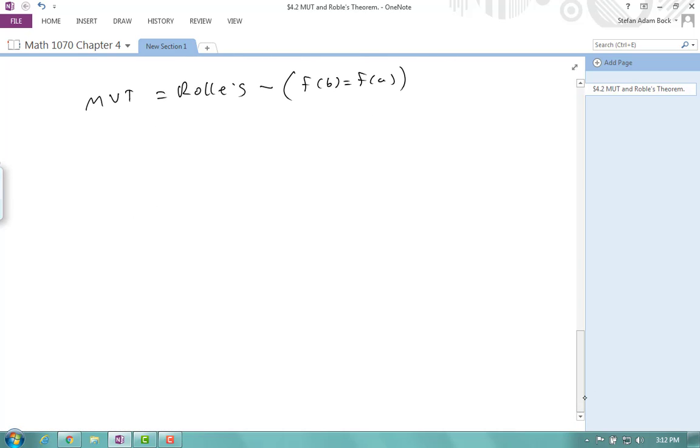Proving the mean value theorem is a little bit more involving than it is for Rolle's theorem, but it's actually still pretty interesting.